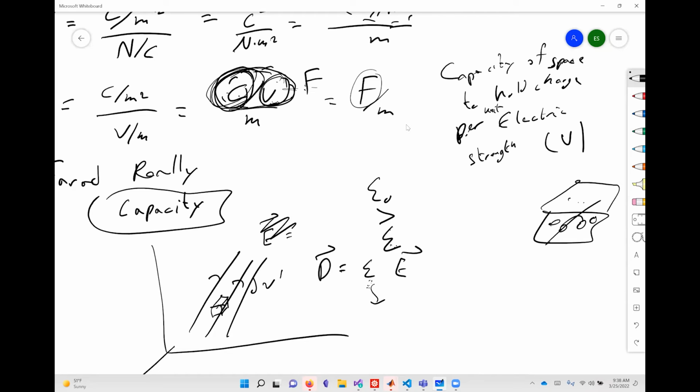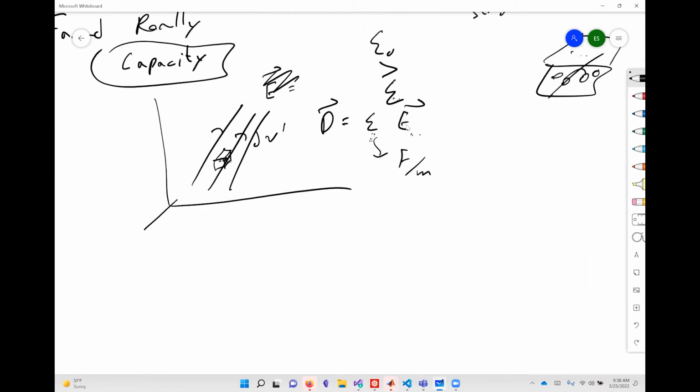So this is farad per meter essentially. This represents how much charge I get here from this field strength, essentially how much polarization I get. So this is for a differential element, but capacitance can also be extended to an extended object. Capacitance makes sense for an extended object too, not just a differential volume element.